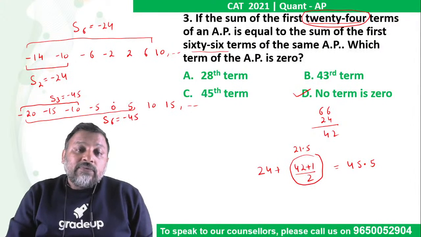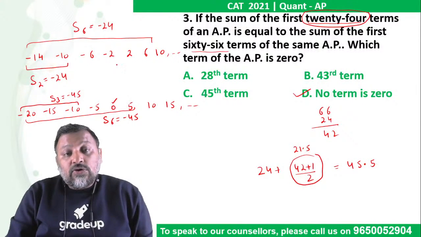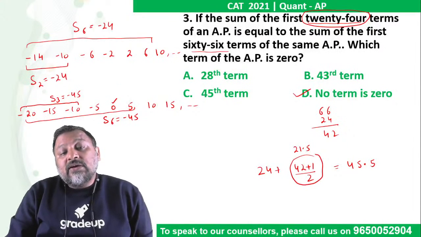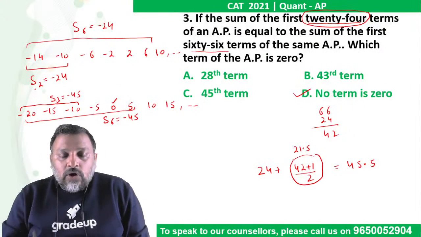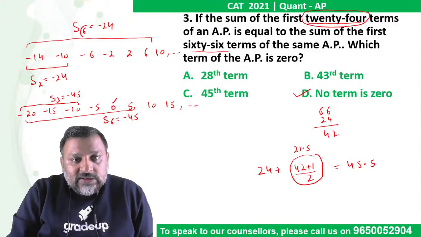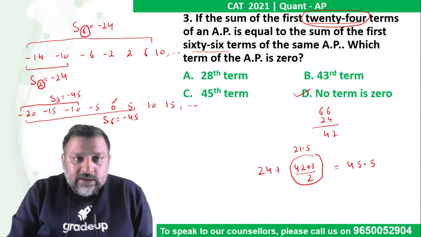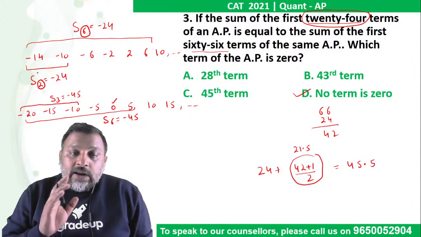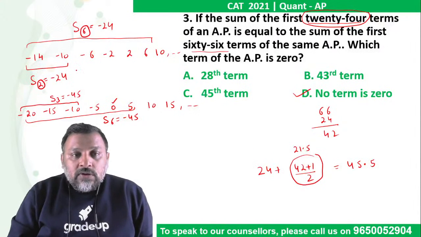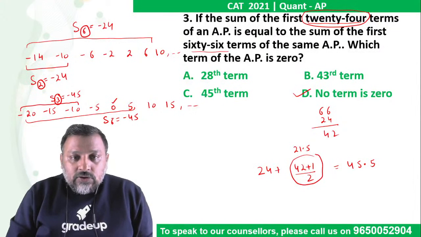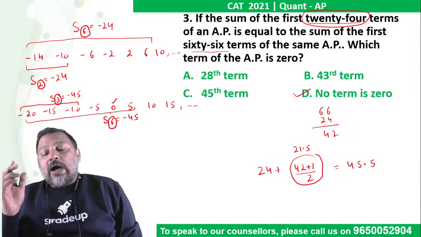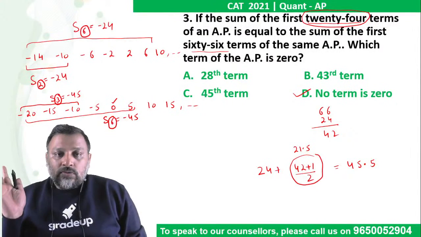So in this AP we have one of the terms as 0, and in this AP we don't have any term as 0. So in short, what you can remember is, if this difference is even then none of the terms would be 0, and if this difference is odd then only we will have a term equal to 0.